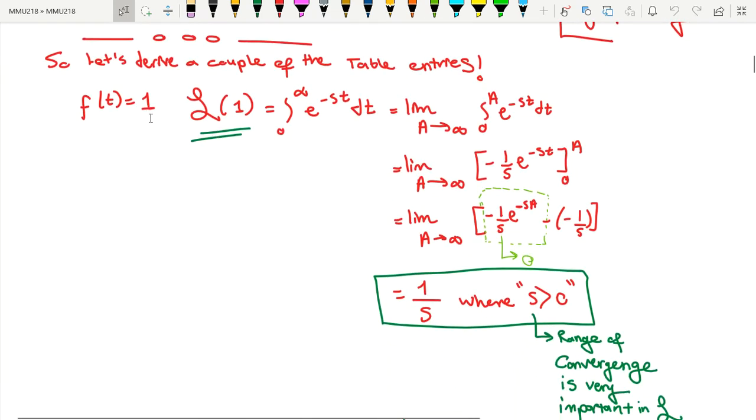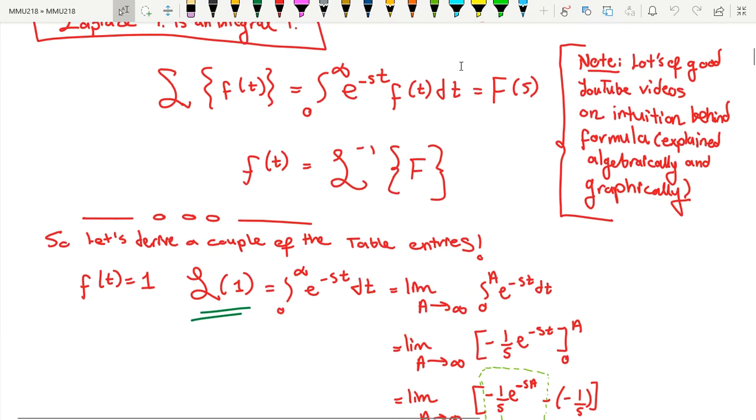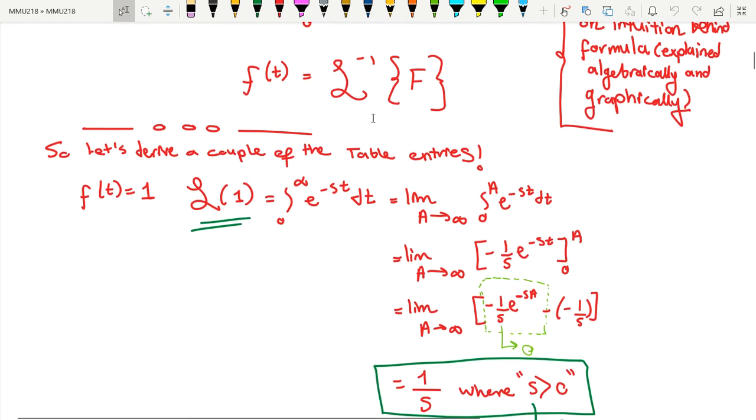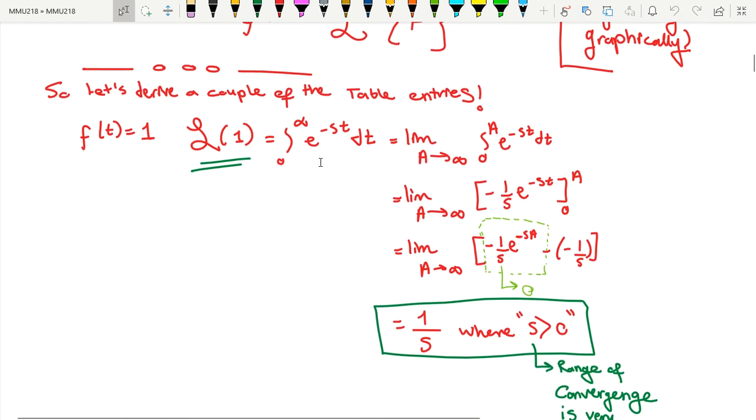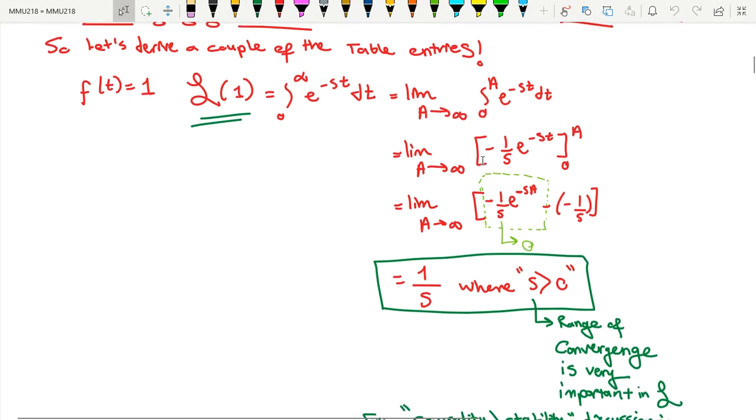So f of t is 1, so Laplace of 1: I'm just multiplying by 1 in this kernel transformation integral, and there is a 1 here, I can overlook that. So let's go with the limit definition. I'm replacing one of the boundaries with a, and as a approaches infinity, what does this integral do?